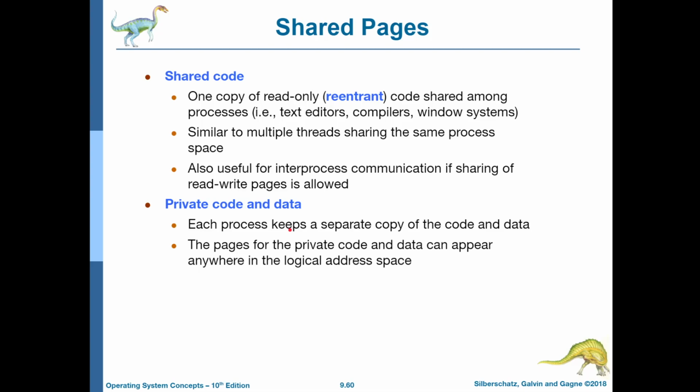So while they may share code, they will have different frames for the same pages of data. That way, when the two processes write to the data, they will not overwrite each other. They will have private copies of that data based on the page table. So a page table, very interestingly, allows us a combination of both shared code and data and private code and data.